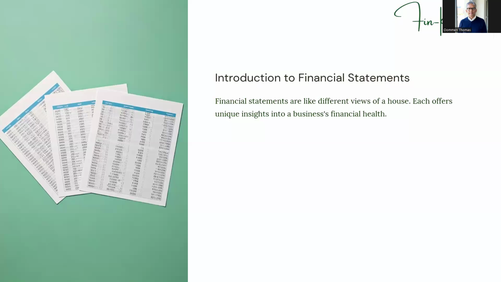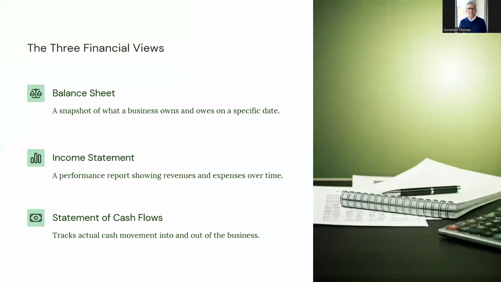With this background, let's begin by looking at three main financial statements. The three commonly seen financial statements are the balance sheet, the income statement, and the statement of cash flows. The balance sheet is a snapshot of what a business owns and owes on a specific date.